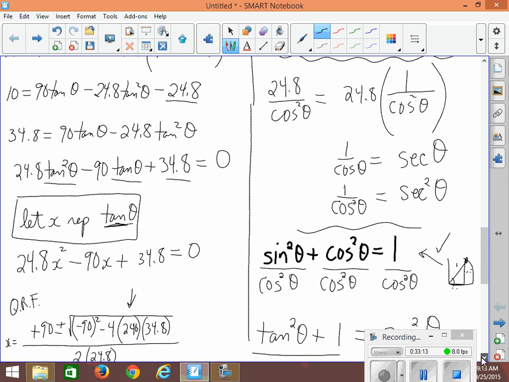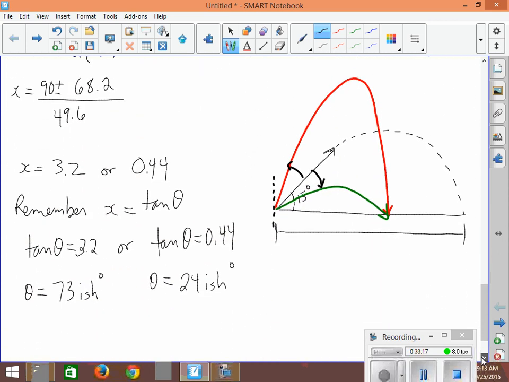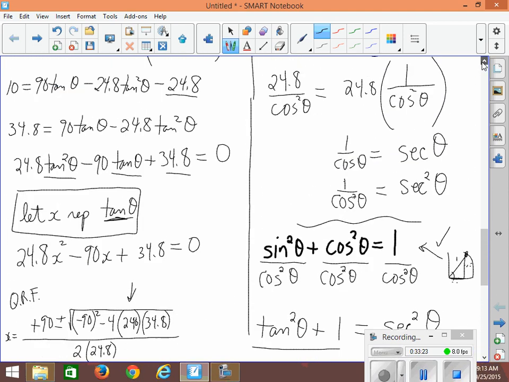Trigonometry plays a huge role in physics as you move on. And so learning how to simplify the expressions that you make with trig, which is what we did all over here on this side of the board, is a useful tool in taking complicated trigonometric equations and reducing them to something that's solvable.